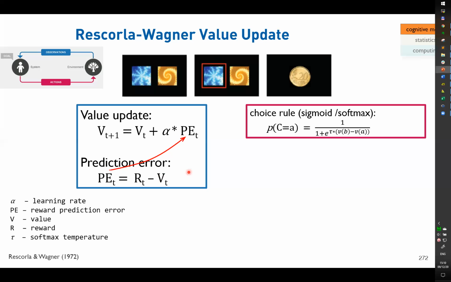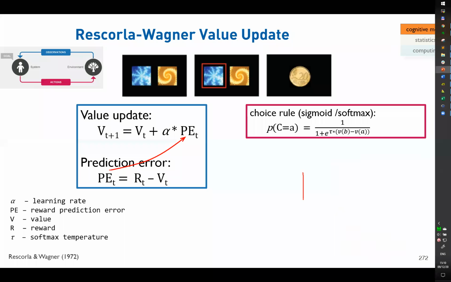After the value is updated, the model will also assume that the person will make a selection according to the value. So the value will then be translated to action probability. We spent quite some time last week discussing the shape of the curve of the choice rule.